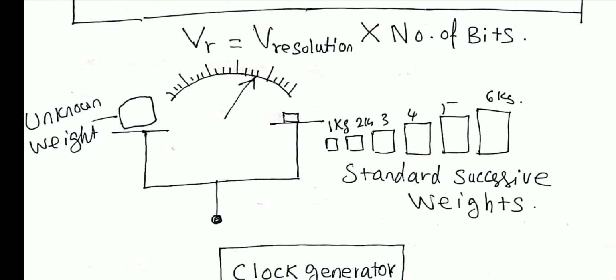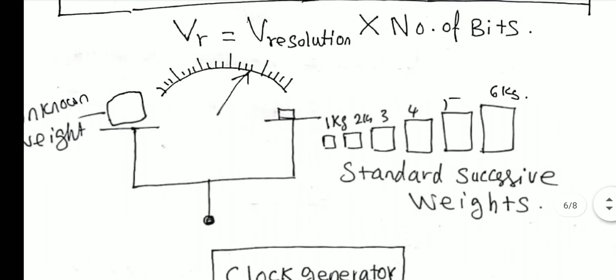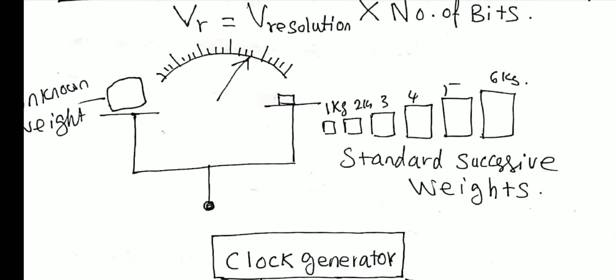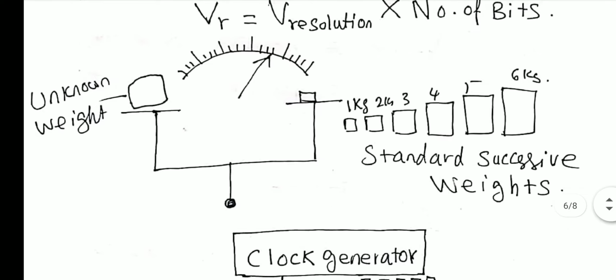But here, instead of the variable mass, we are comparing the unknown mass with standard masses. What is standard mass or standard weight? It is 1 kg, 2 kg, 3 kg, 4 kg, 5 kg, for example. These are the standard values. In real life, standard values are 50 gram, 100 gram, 200 gram, 500 gram, 1 kg, 2 kg, something like that.